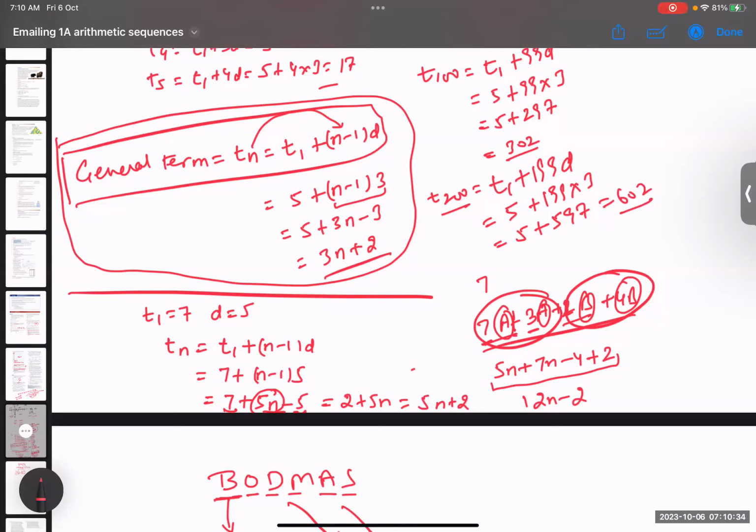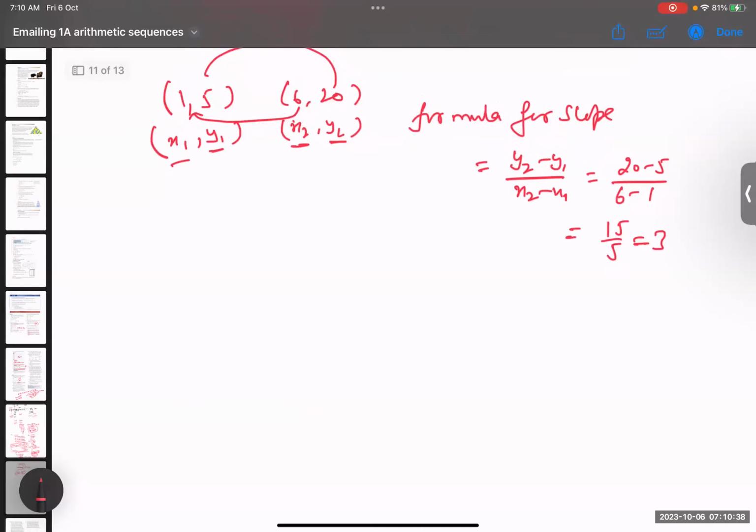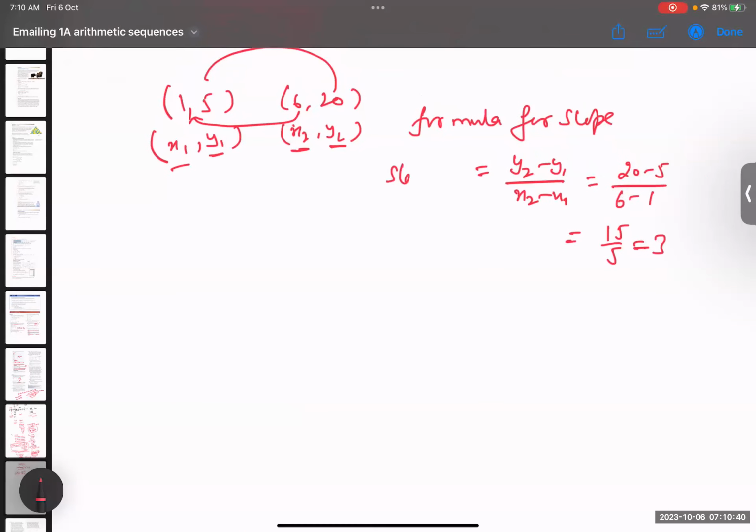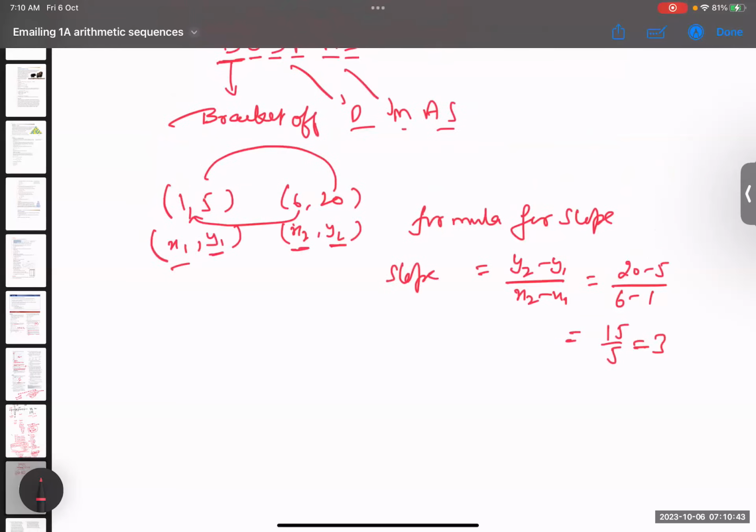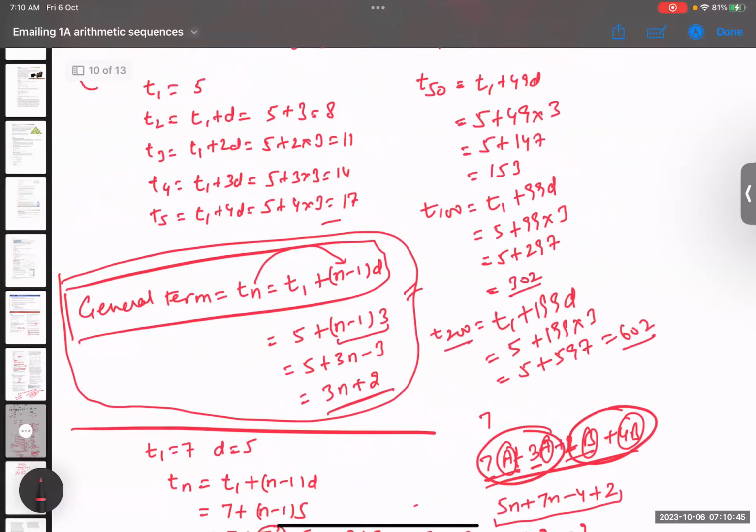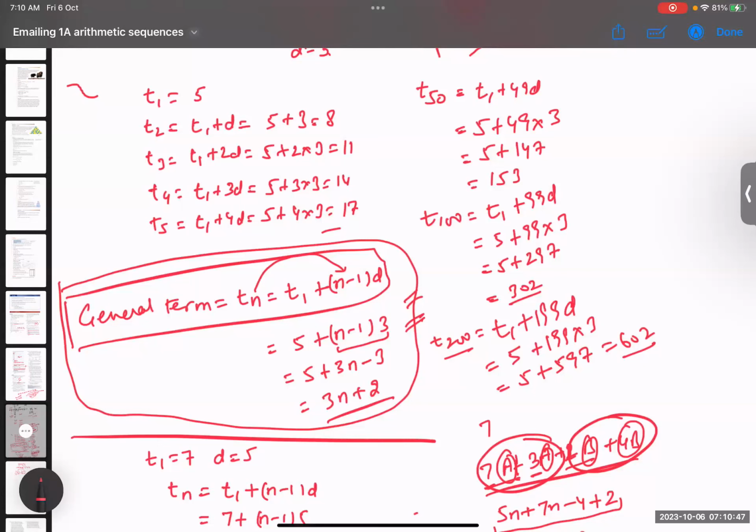What was the slope that we just calculated? 3. What is the slope doing in this formula? Number one, it is the difference.